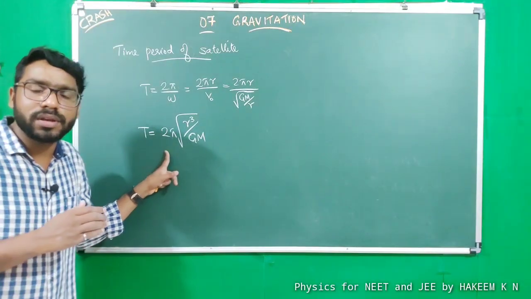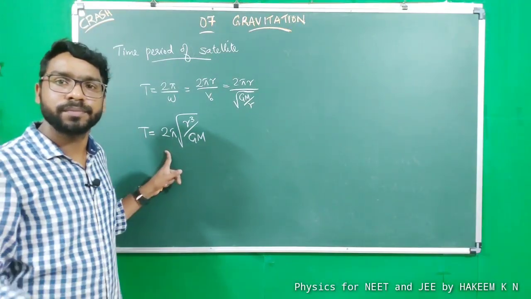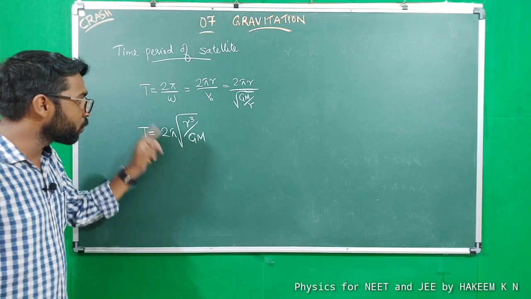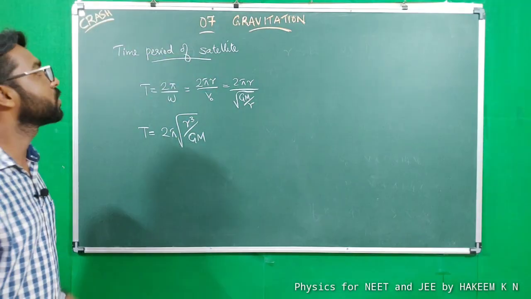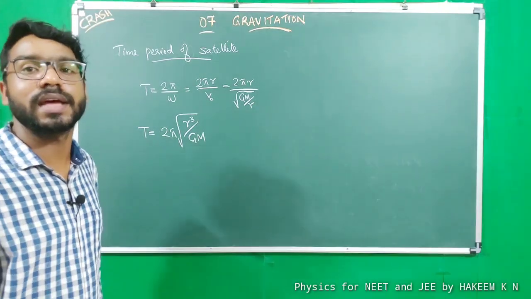This is what is told by Kepler's law, because T is proportional to root R cube, then T square is proportional to R cube. This is the time period of the satellite.